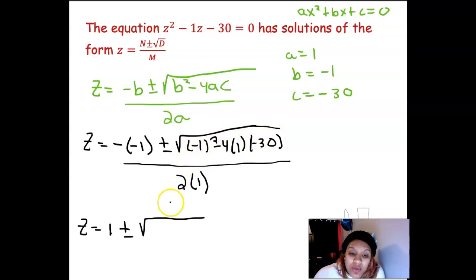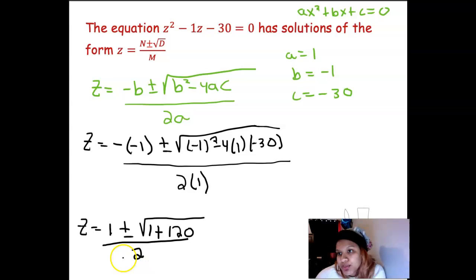So negative 1 squared gives you positive 1. Negative 4 times 1 gives you negative 4. Times negative 30, if I'm not mistaken, is positive 120. Plus 120. Now, I always say to the students, double check your work, because sometimes the brain doesn't do the job correctly.